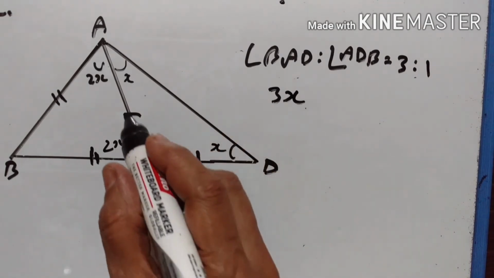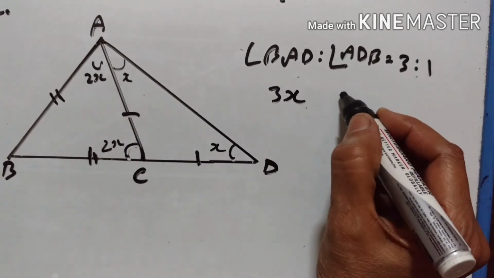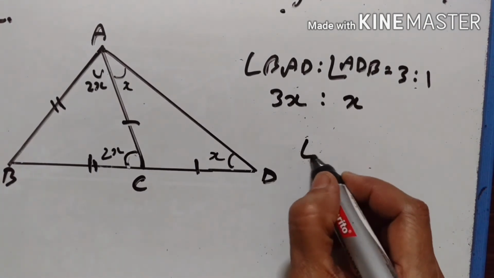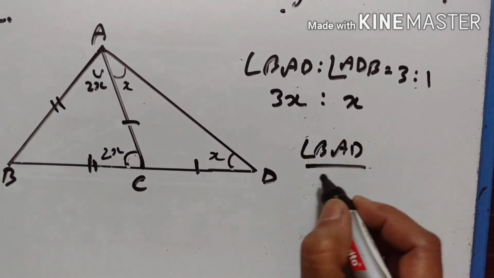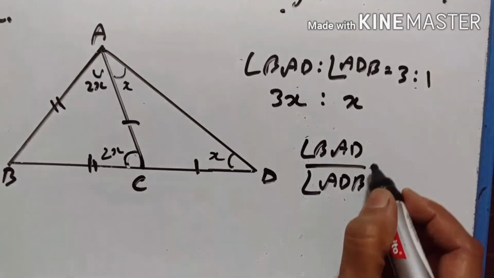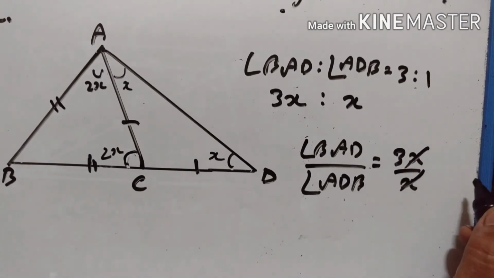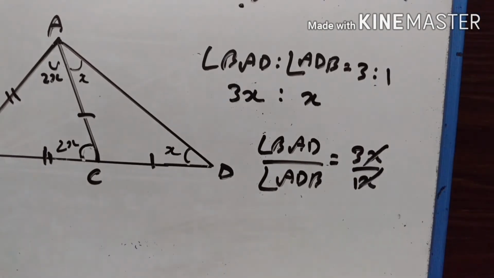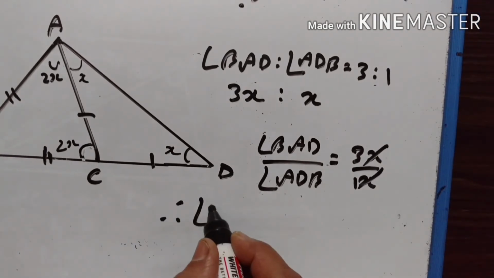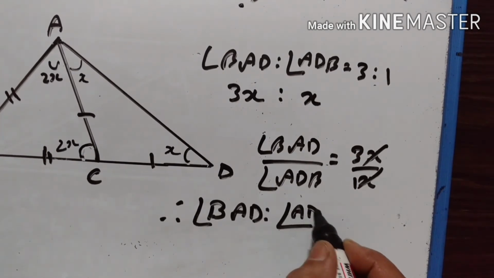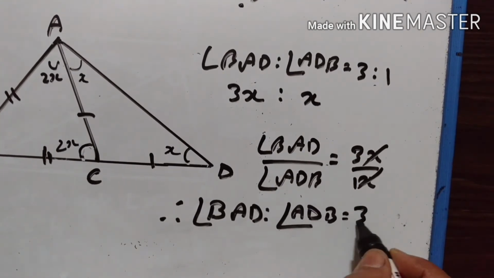And angle ADB is equal to X. Therefore, angle BAD upon angle ADB is equal to 3X upon X. X goes off. It is 3 upon 1. Therefore, angle BAD to angle ADB is equal to 3:1.